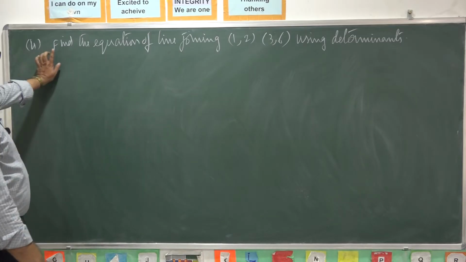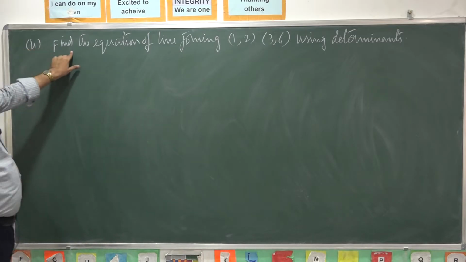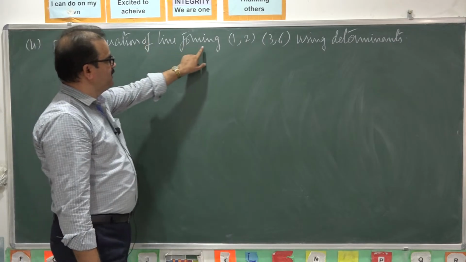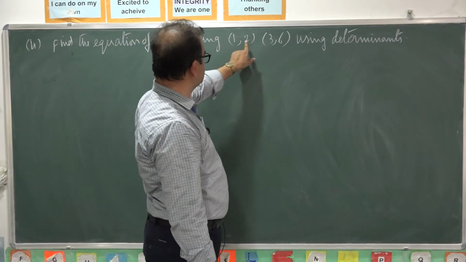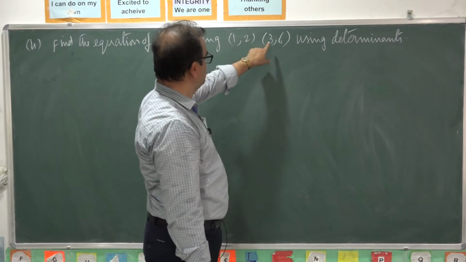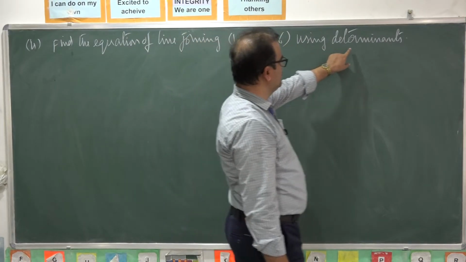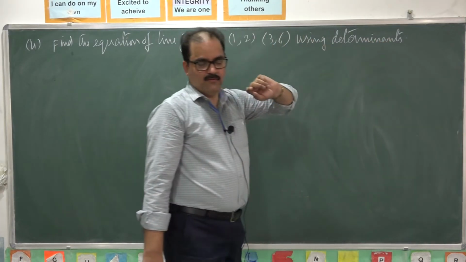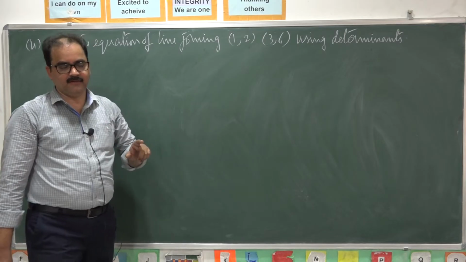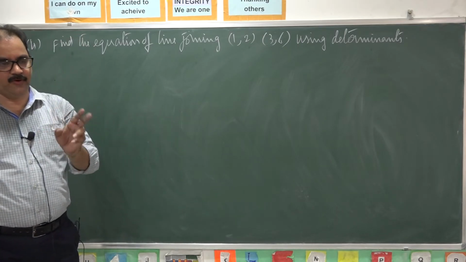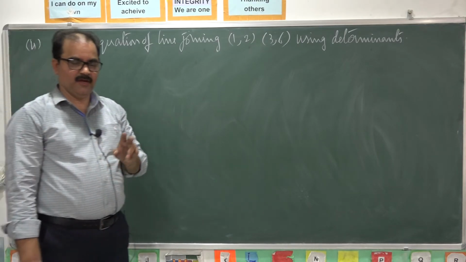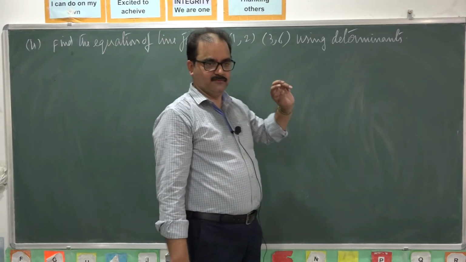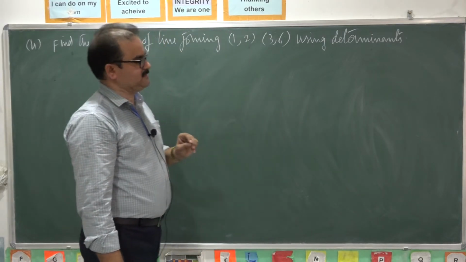Now see, in this problem, find the equation of the line joining 2 points (1, 2) and (3, 6) using determinants. We already know how to find the equation of the line joining 2 points A (x1, y1) and B (x2, y2) from geometry, from straight lines.